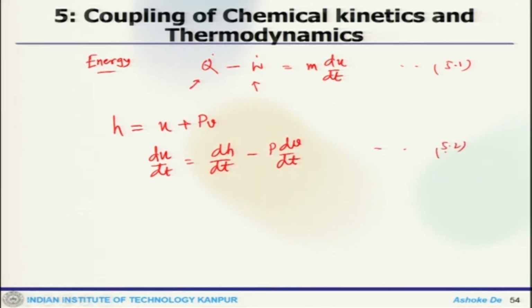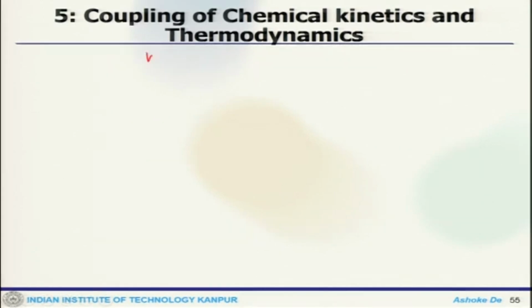If we assume that the work is only the P dV work at the piston, then W dot by m is P dV by dt. Putting things together, we get Q dot by m equals dH by dt.